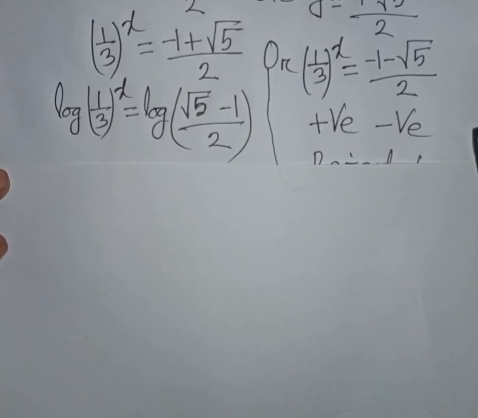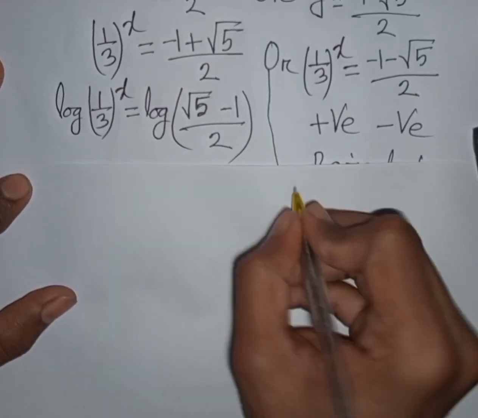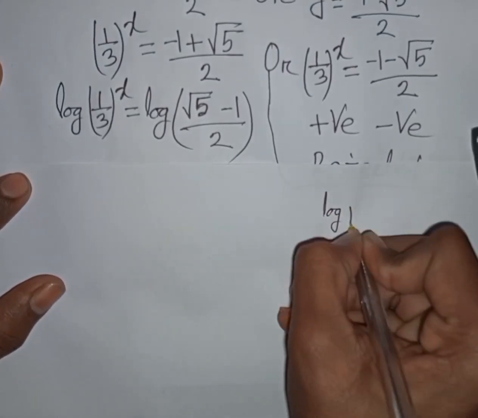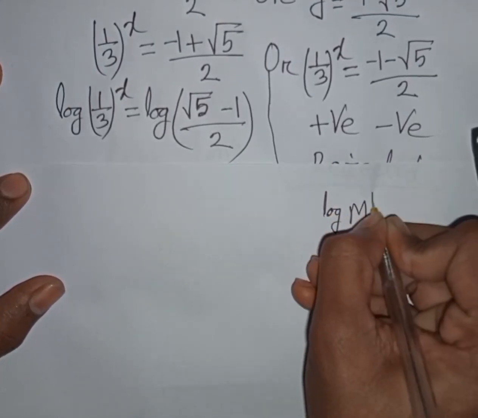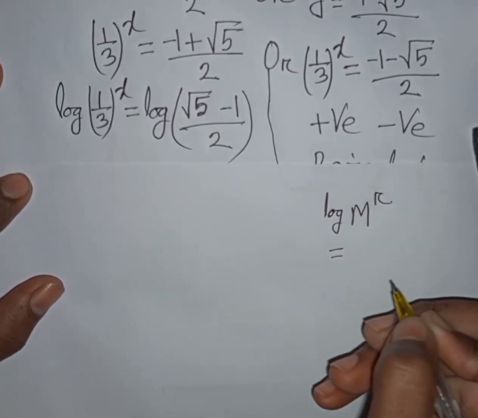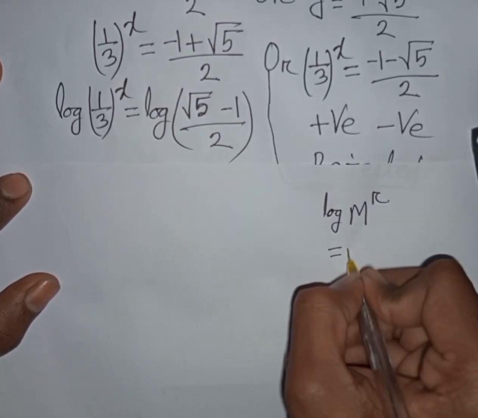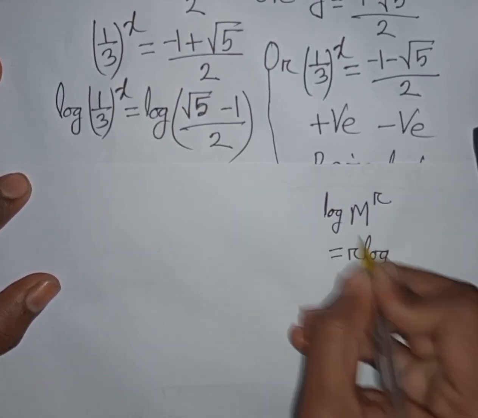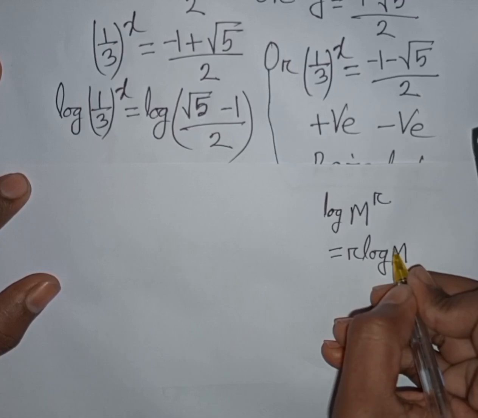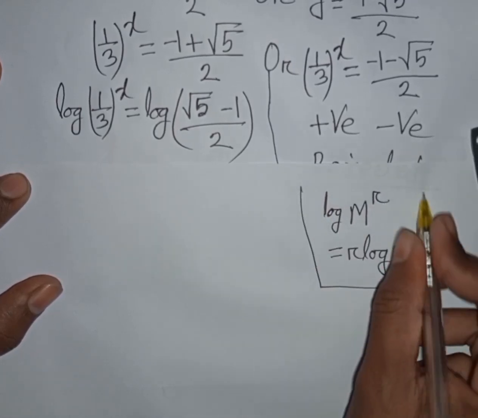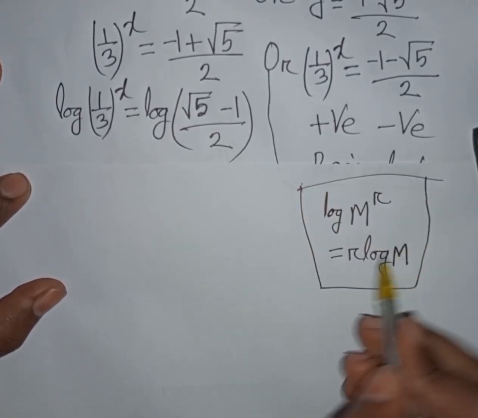Now here I can apply the rule that log m power r is equal to r log m. That means this power r moves to the front.